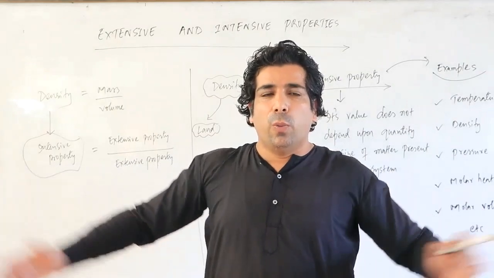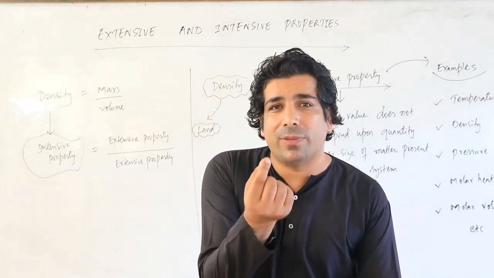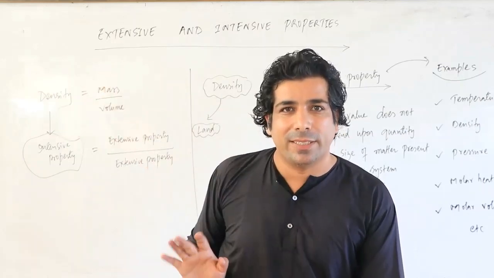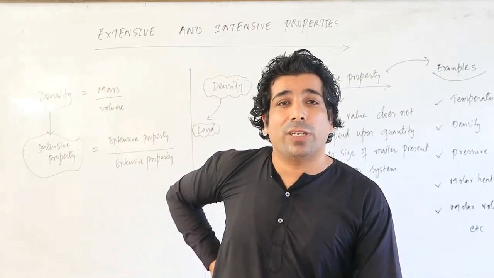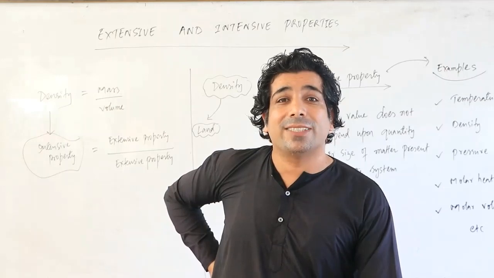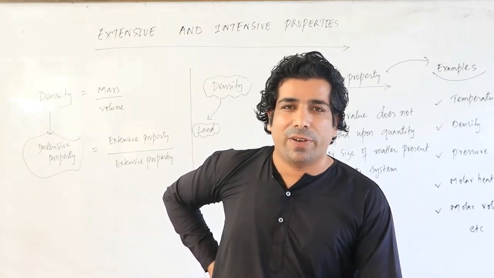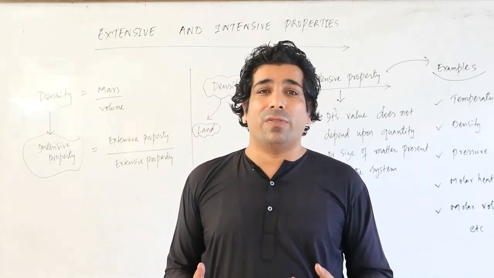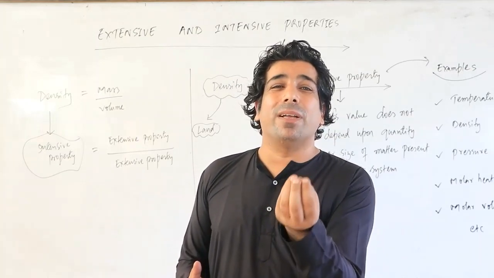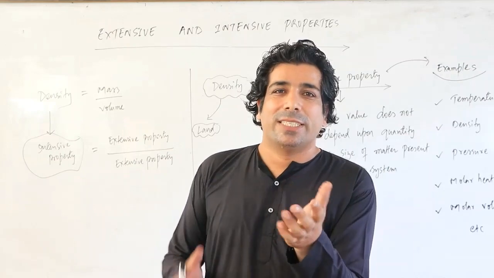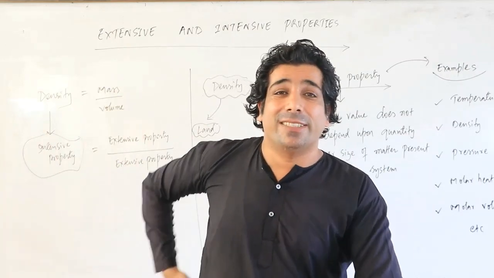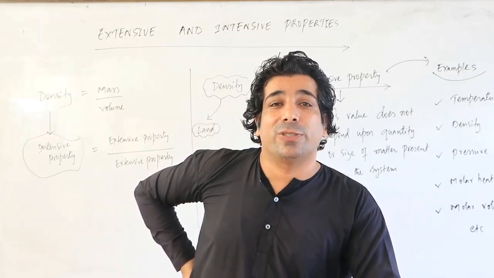Yes or no? Whatever is the density of a small sample of soil, that will be the density of the land. That means density does not depend upon the size of the matter. Yes or no, my dear friends? Because whatever is the density of the small sample of soil, the same will be the density of the land. That means density is an intensive property.